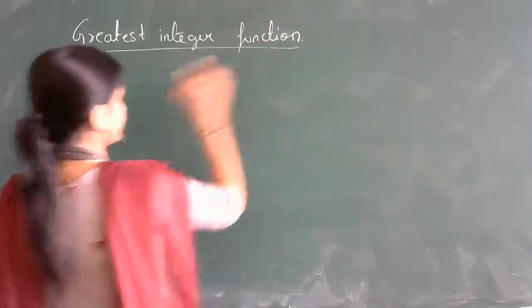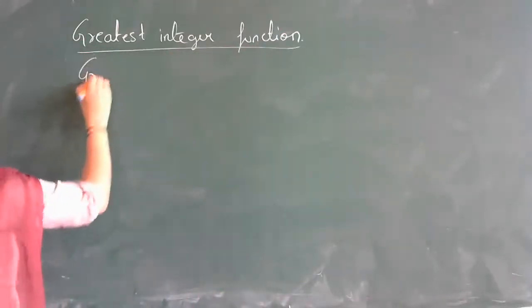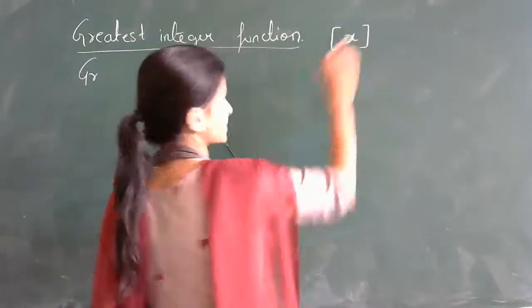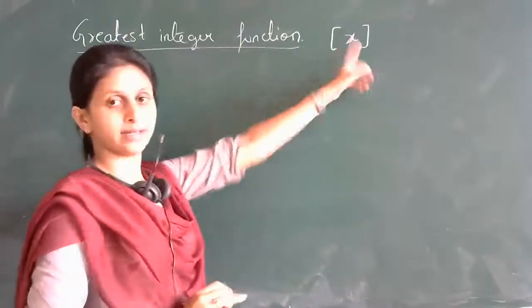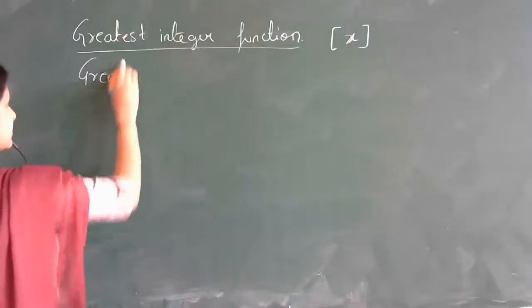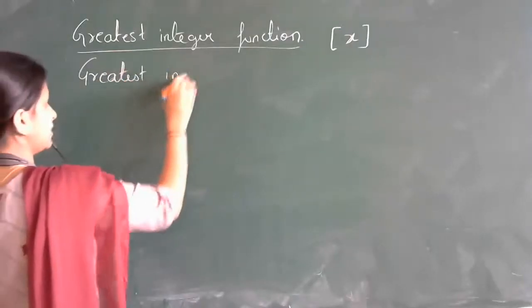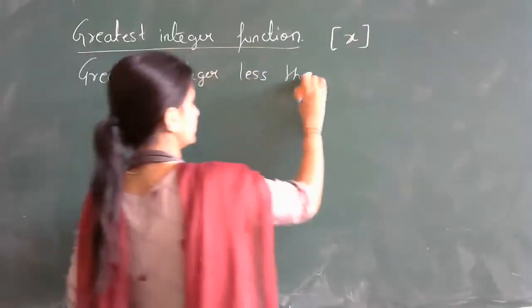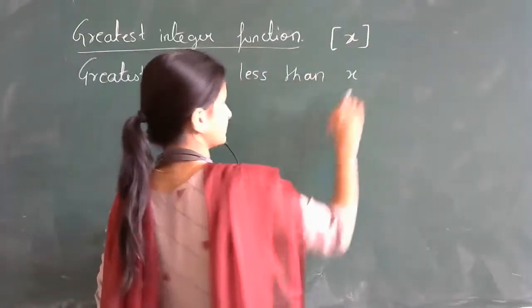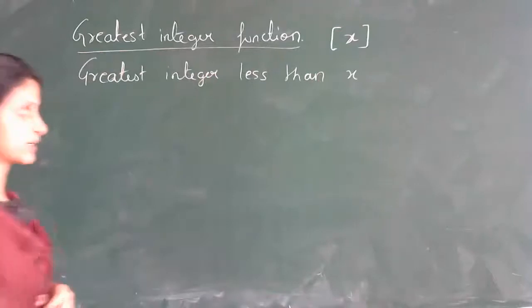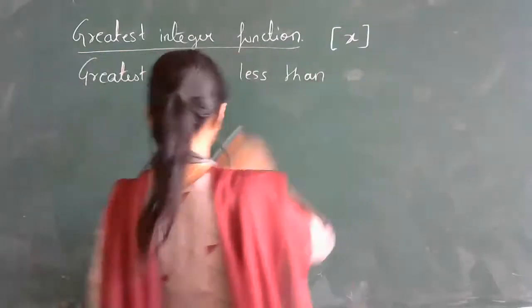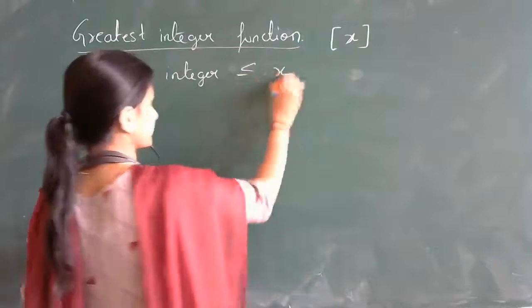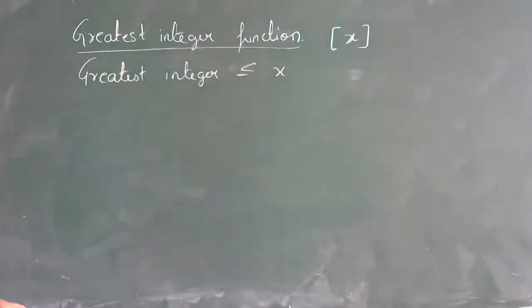Greatest integer function definition is, it is denoted by closed brackets x. Its definition is greatest integer less than or equal to x. Greatest integer less than or equal to x.